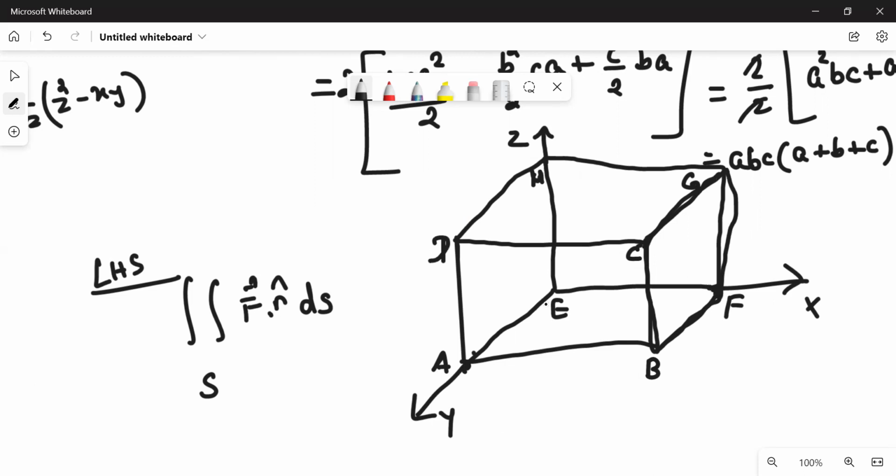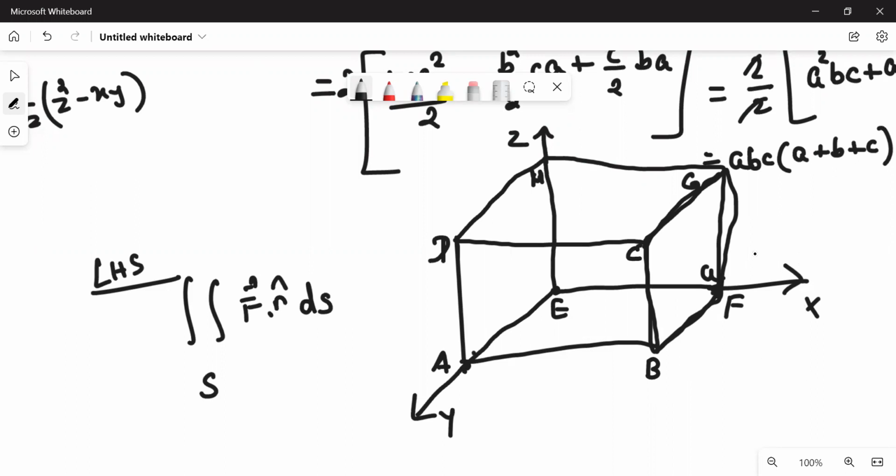This is origin 0, 0, 0, and this is extension of x-axis. X varies from 0 to a. So this one will be x is equal to a. In this surface, x takes the value a. Y and z vary. So x is equal to a is fixed for this surface.